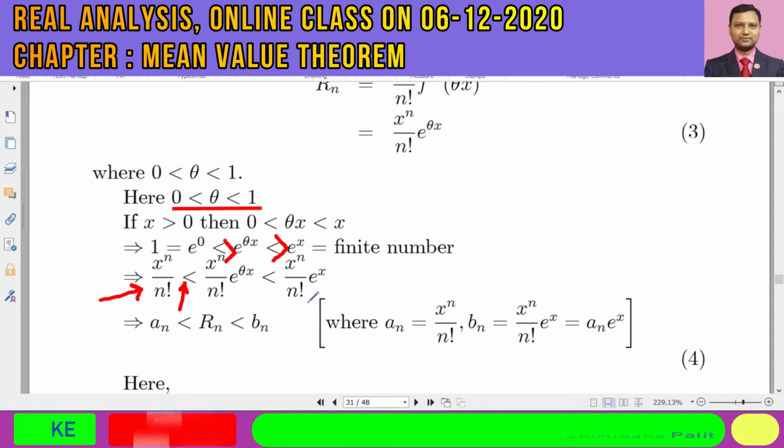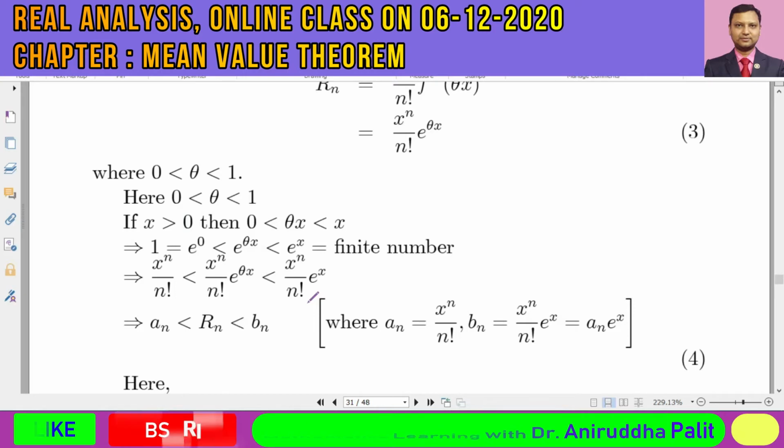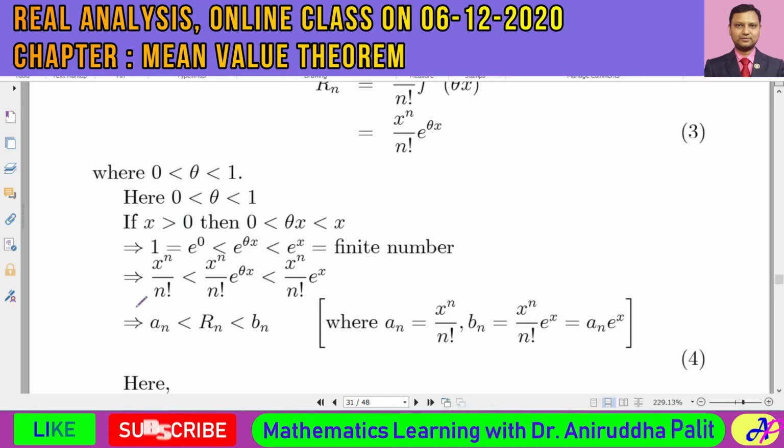So in any case, whether x is greater than 0 or less than 0, we will have this kind of inequality. Got it?